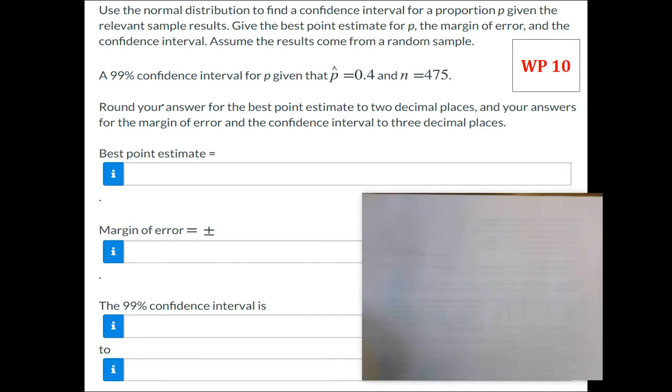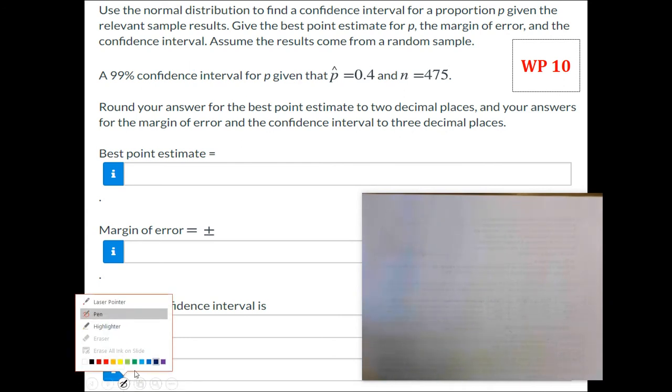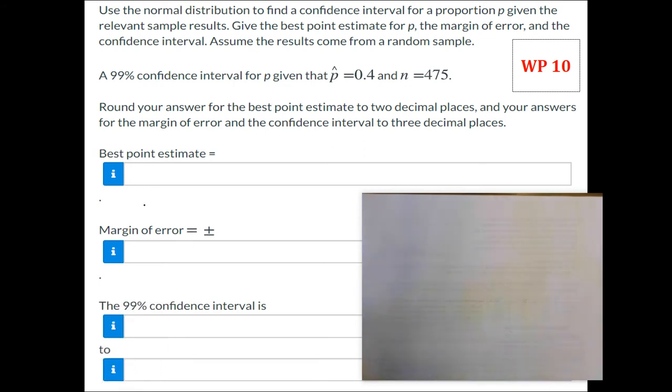So my best point estimate value should be recorded in my problem here as 0.4. And that comes from right here, p hat.